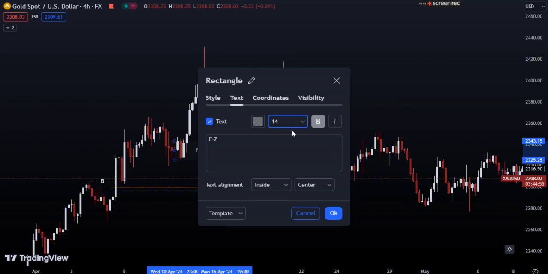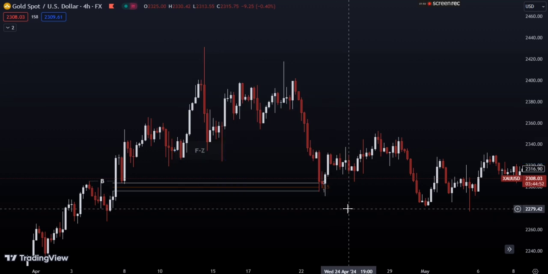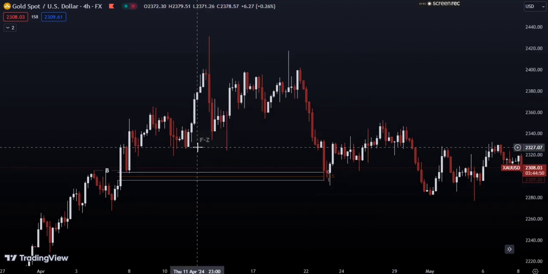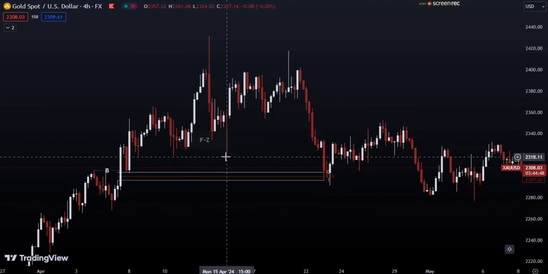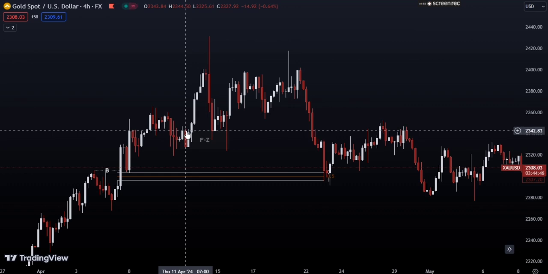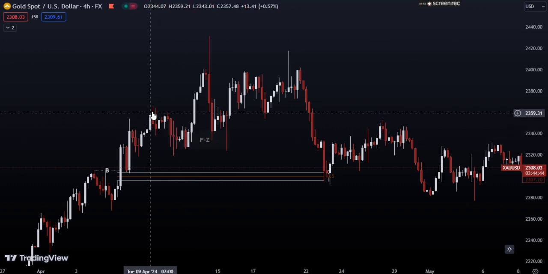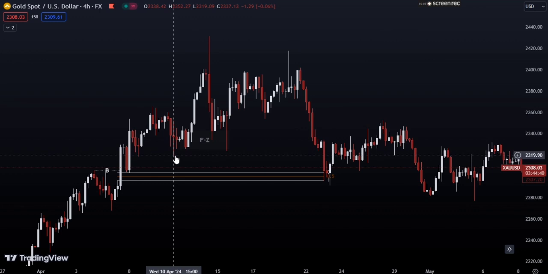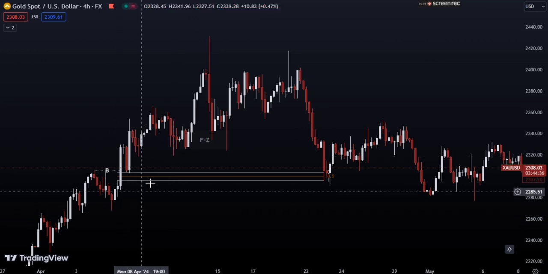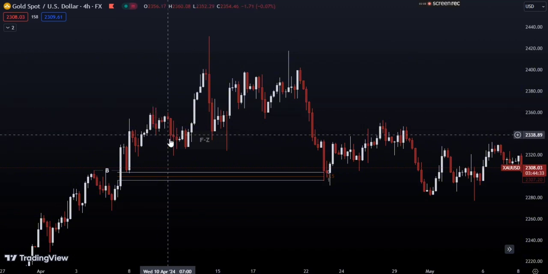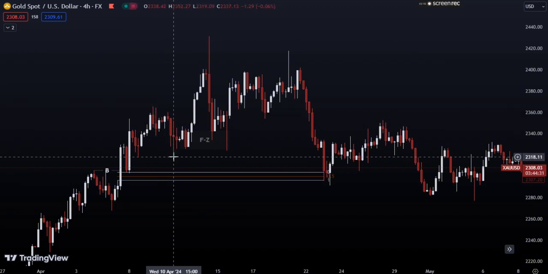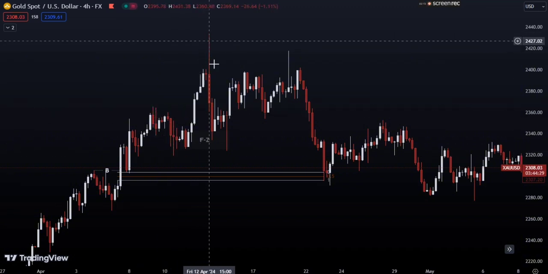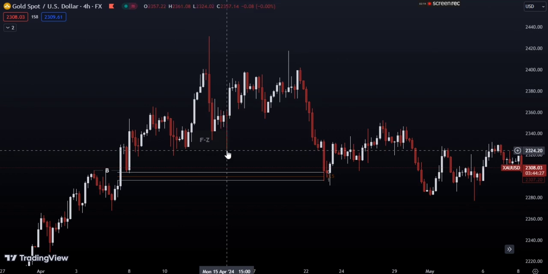Oh, it's a flip zone. I'll make it 16 again. I'll leave it like that. So you can see the price later violated this demand zone, right? The price broke the structure, and this was the initial low. Not taking that into consideration, that's the high as well as the lower low, and that's the higher high, that's the higher low.